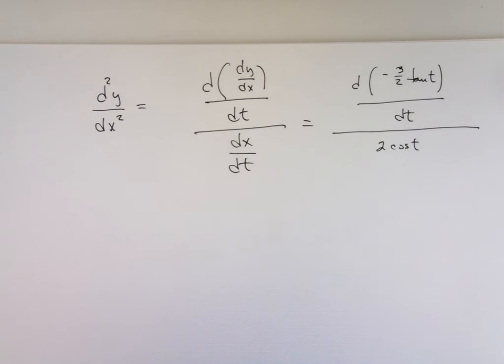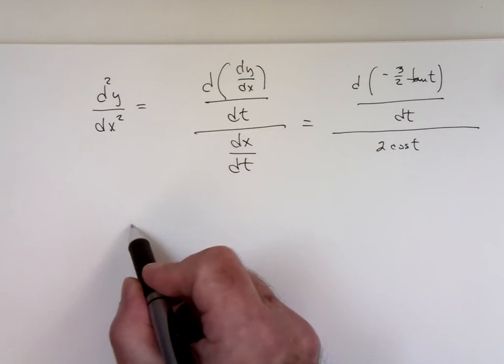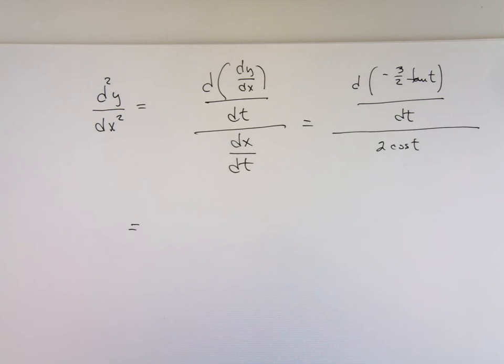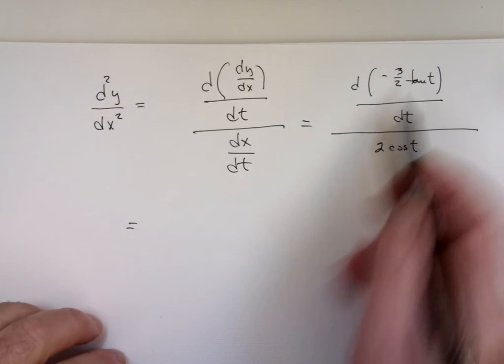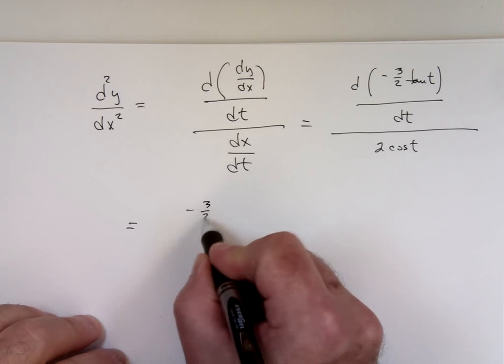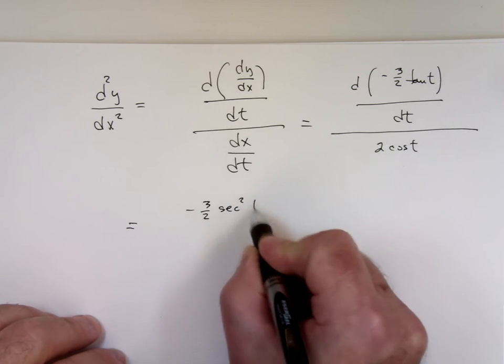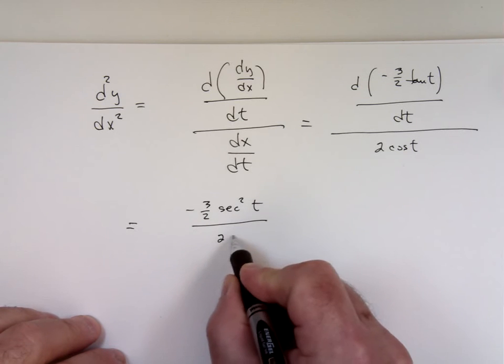That doesn't change. What's the derivative of tangent? It's secant t? No. Secant squared. Okay, the derivative of tangent is secant squared. So we got negative 3/2 secant squared t over 2 cosine t.